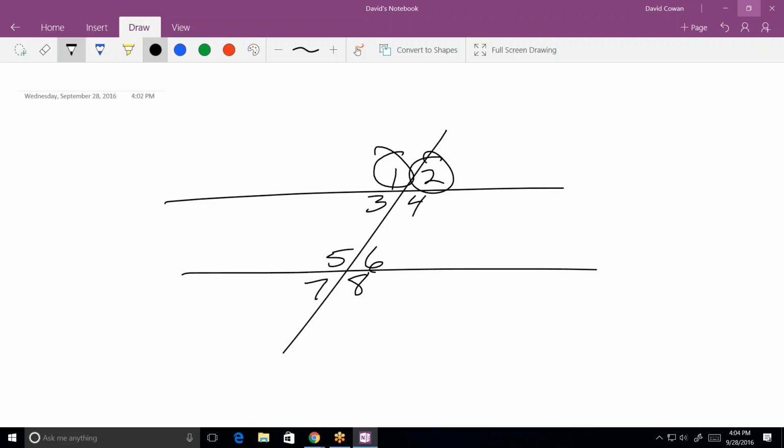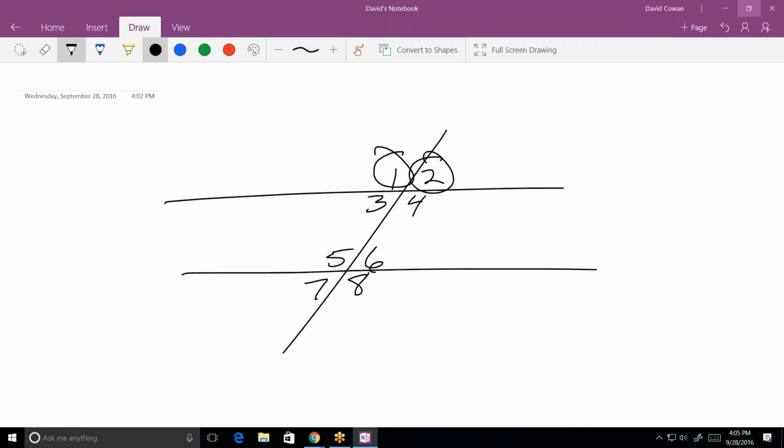What's really important is that you understand parallel lines with a transversal. And you only create 2 angles, and 1 and 2 are supplementary, always, which means that 1 and 6 are supplementary.